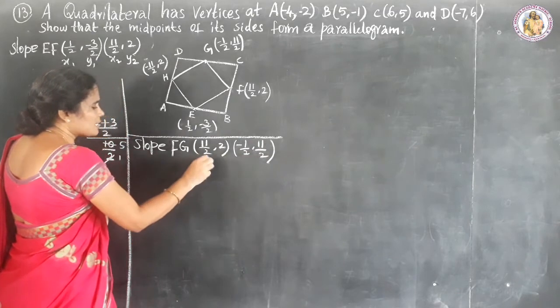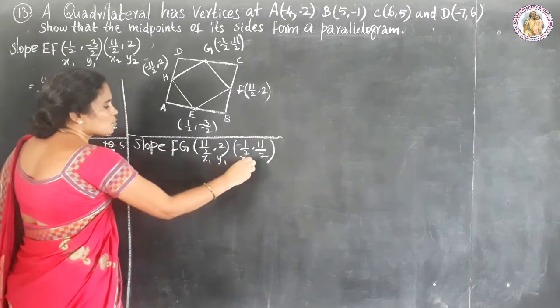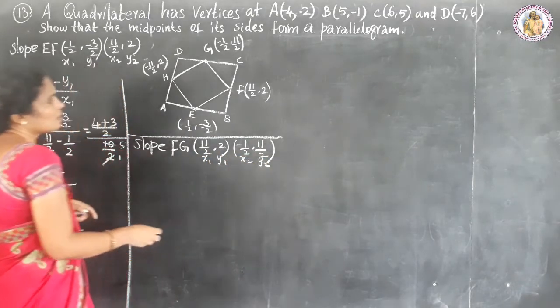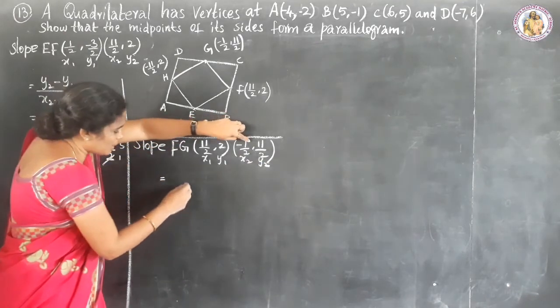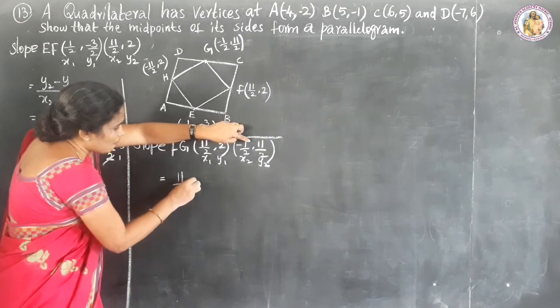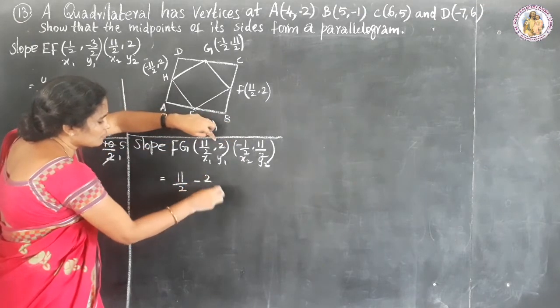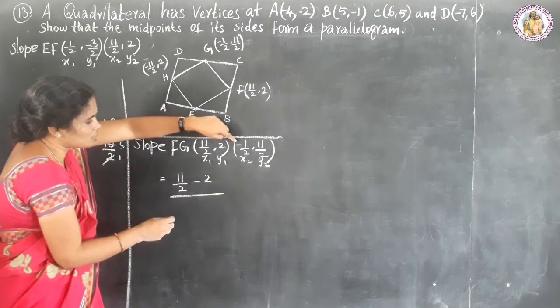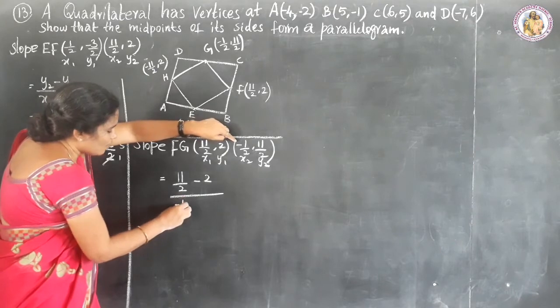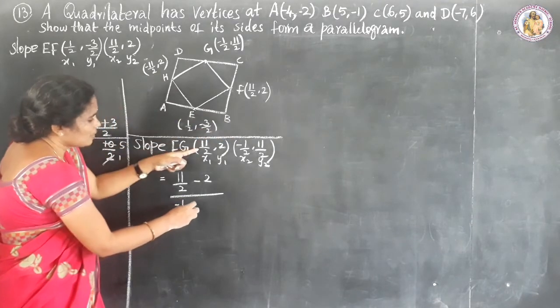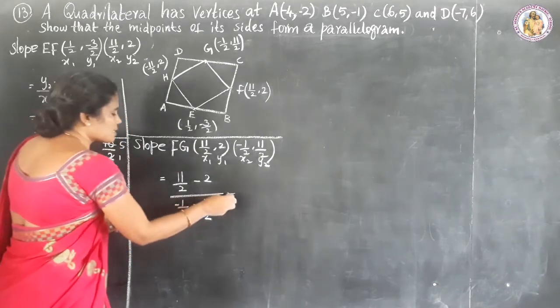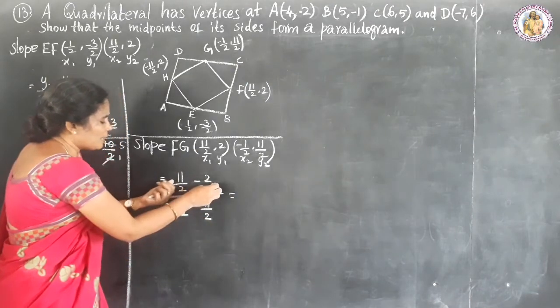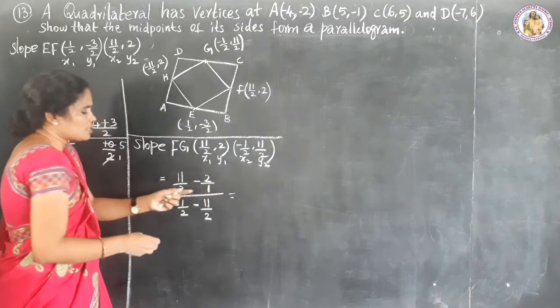Okay, taking the points as x1, y1, x2, y2. So y2 minus y1: 11 by 2 minus y1, 2, divided by x2, that is minus 1 by 2 minus 11 by 2.